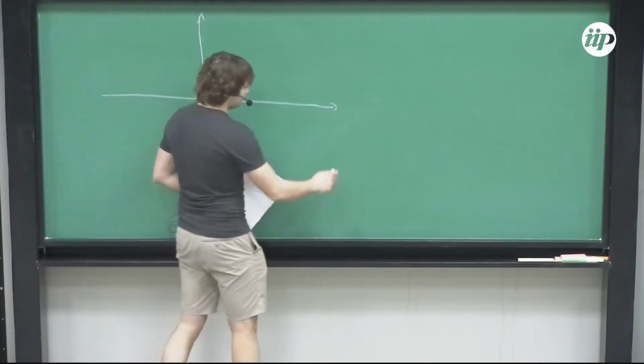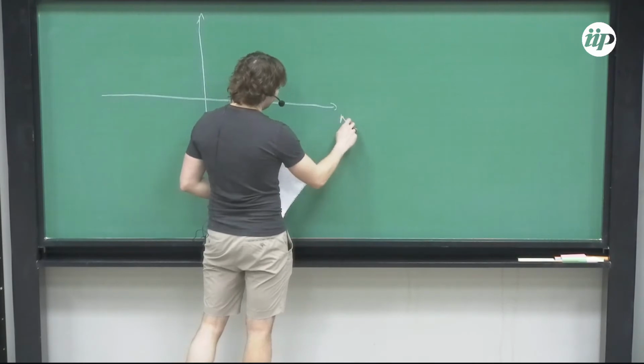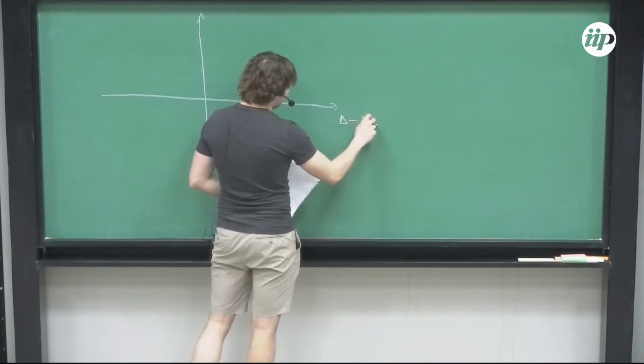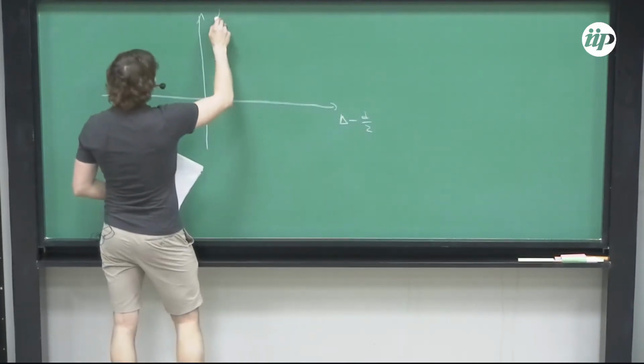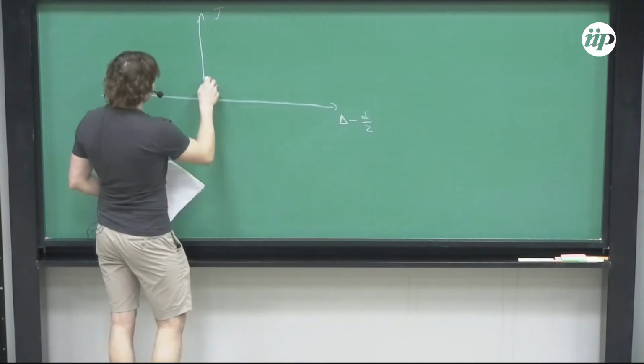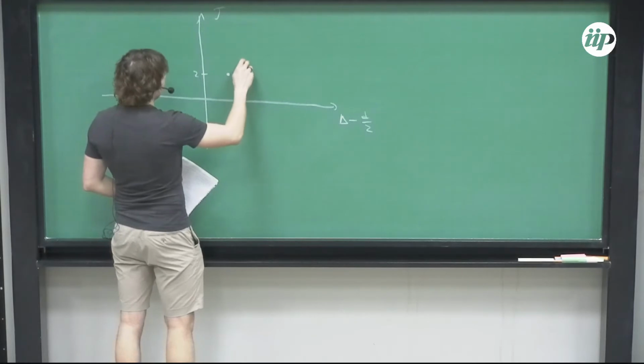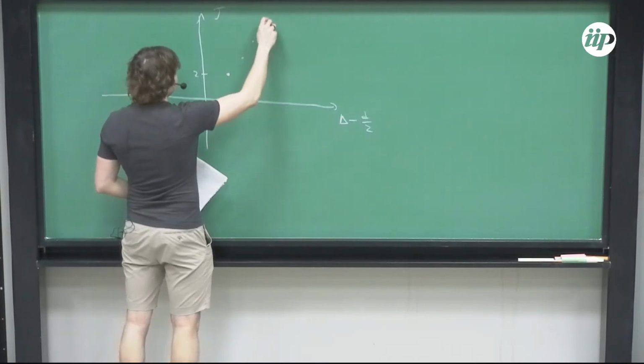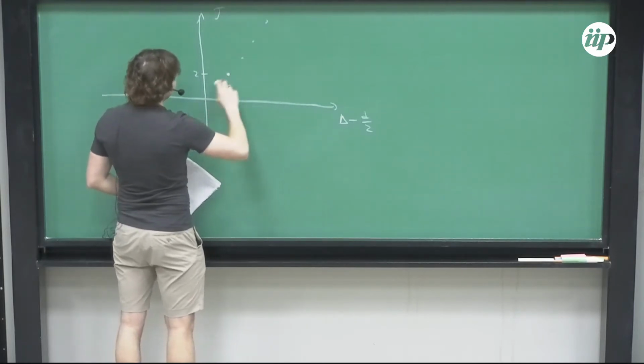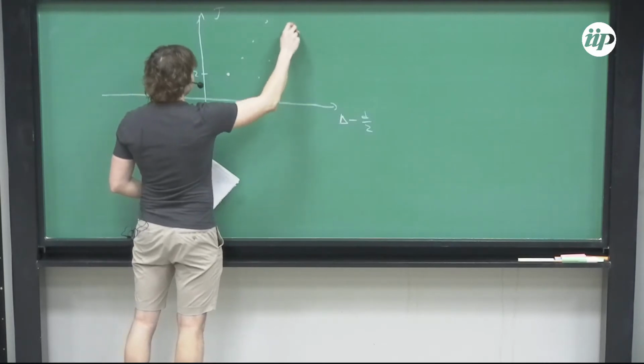So if we plot our local operators in the plane d/2 minus delta and j, then we will find something, for example, at spin 2. We're going to find the stress tensor, and maybe then there are some other operators, higher spins, maybe some other operators here.